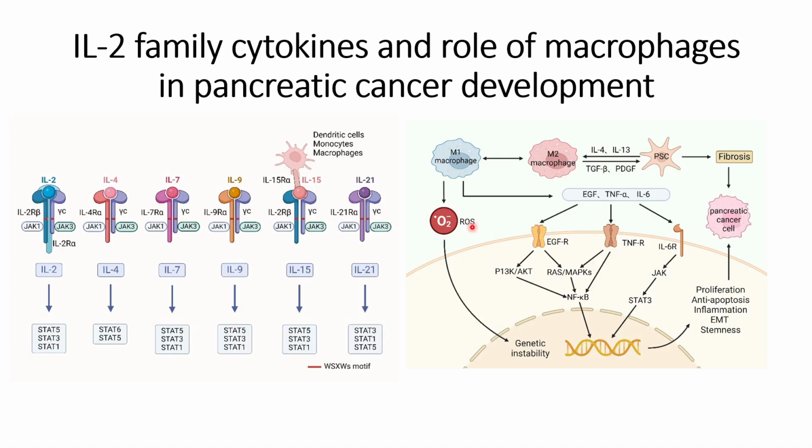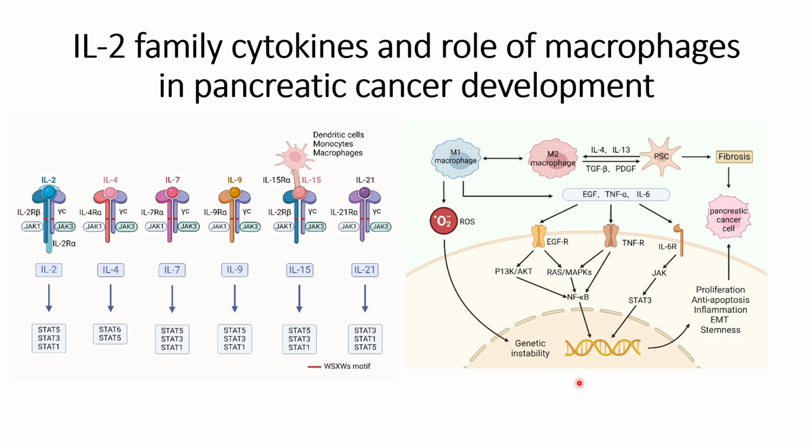However, this is not the only way M1 macrophages work. They also release cytokines such as EGF, TNF-α, IL-6. They also interact with their respective receptors on the chronic pancreatitis cells, and this also helps in genetic instability and intracellular activations.